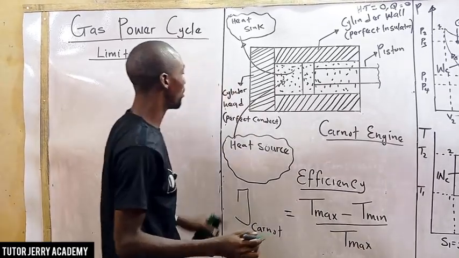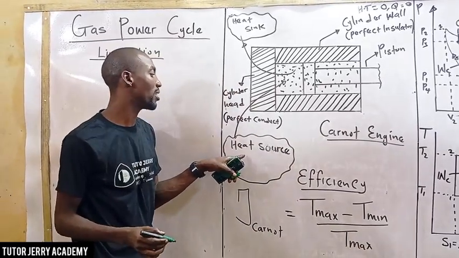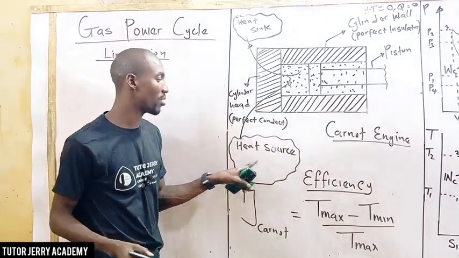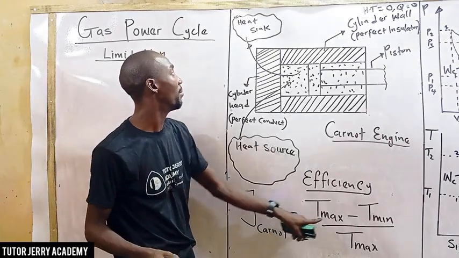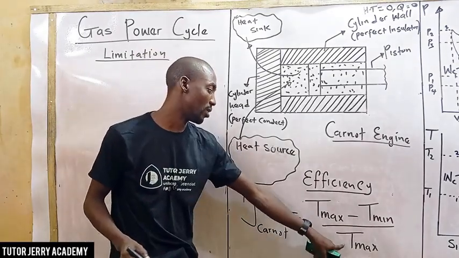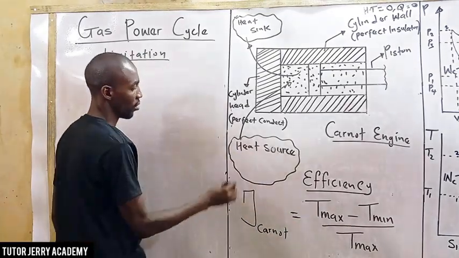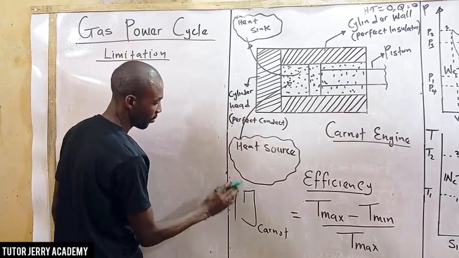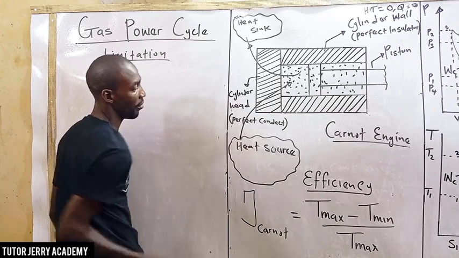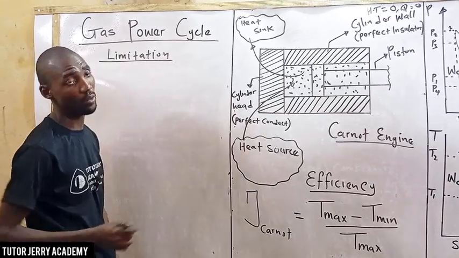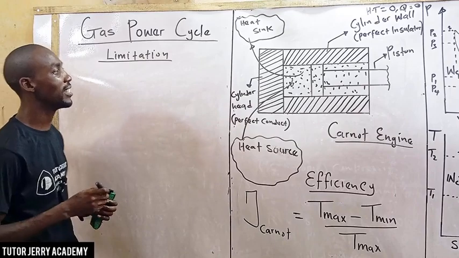Our maximum temperature is the temperature we are getting from the heat source. So this can also be written as heat source minus what? Heat sink, all over what? Heat source. All right, so this is how we are going to denote the efficiency of a Carnot cycle. Take note of that. So let's look at limitations now.